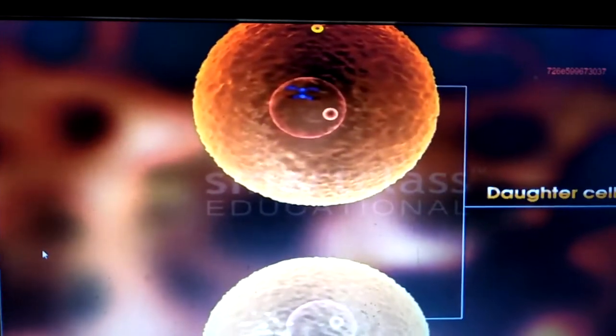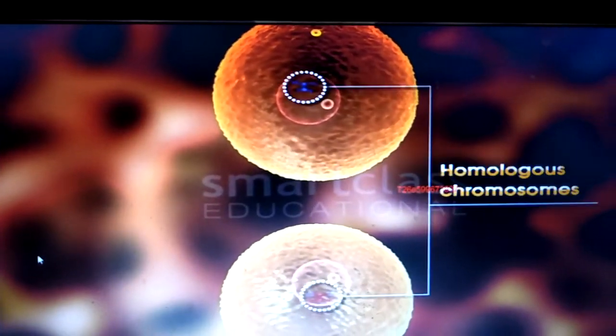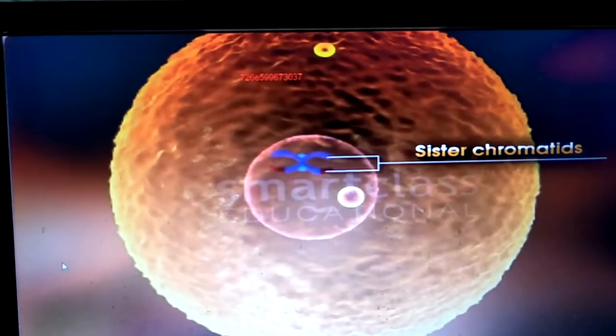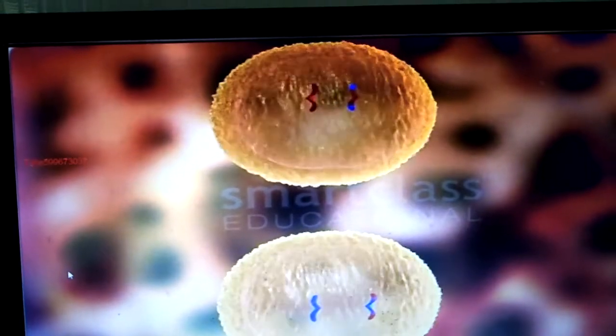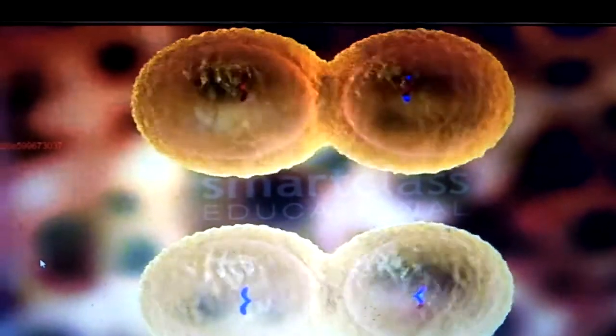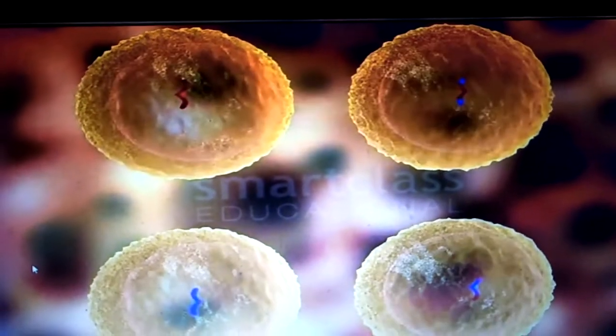Each daughter cell formed after meiosis 1 inherits only one of the 2 homologous chromosomes, and each homolog has 2 sister chromatids. Meiosis 2 involves the separation of these sister chromatids to produce haploid cells. Therefore, Meiosis II is an equational cell division.